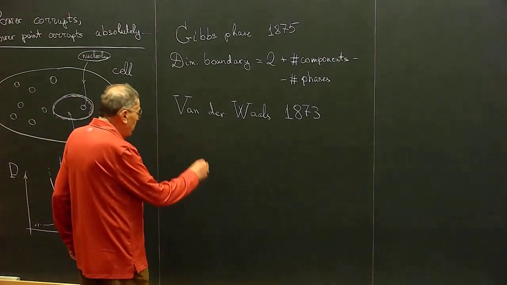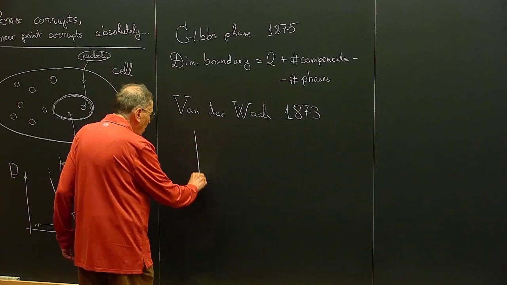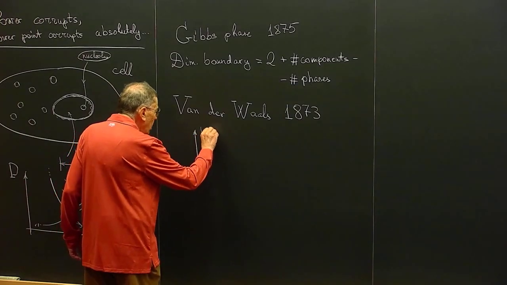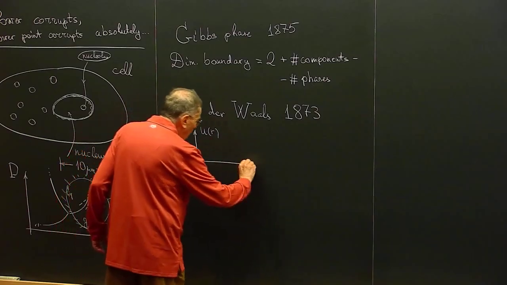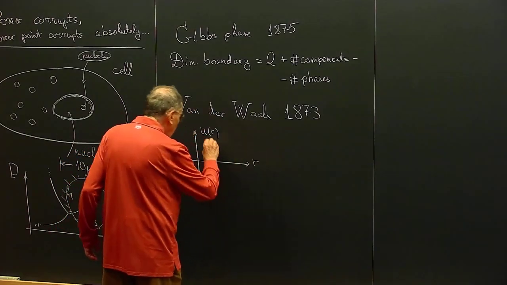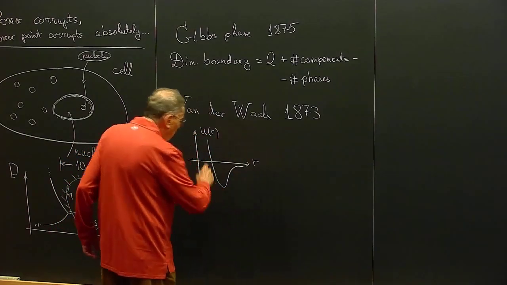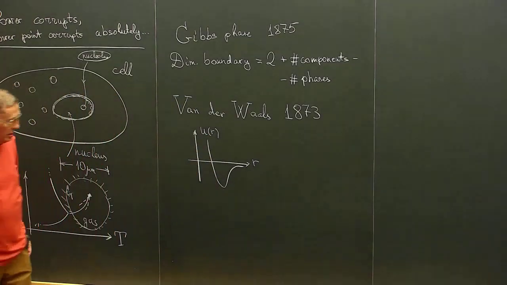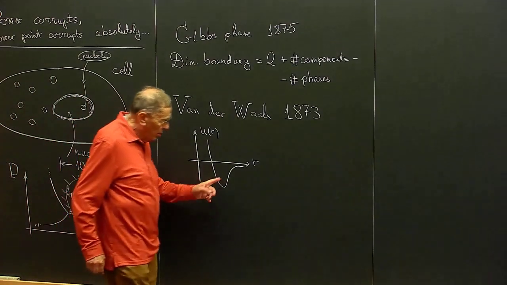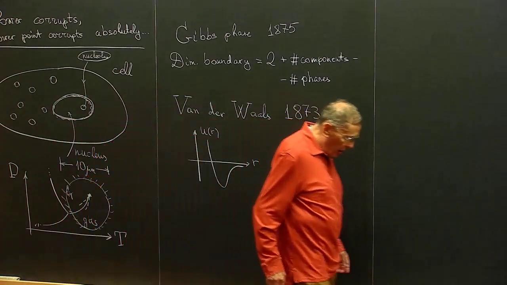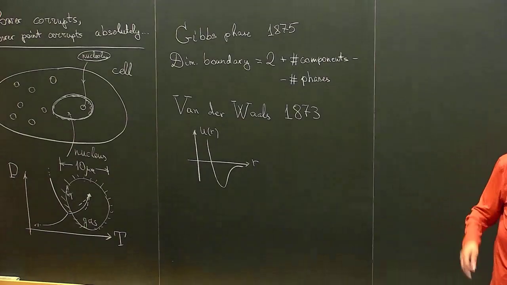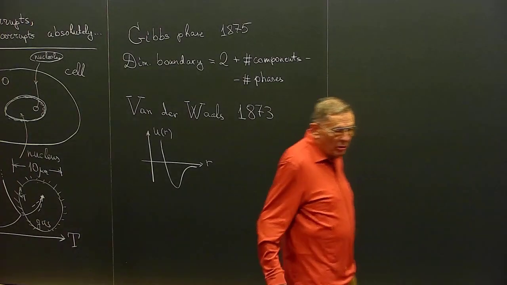And he discovered something that is now classical, that the prototypical interaction between molecules is something like this. There is a repulsion at short distances and attraction at longer distances. He discovered what is now called van der Waals interaction, attraction between fluctuating dipoles, and so on.